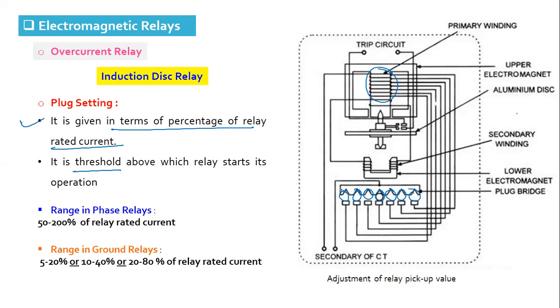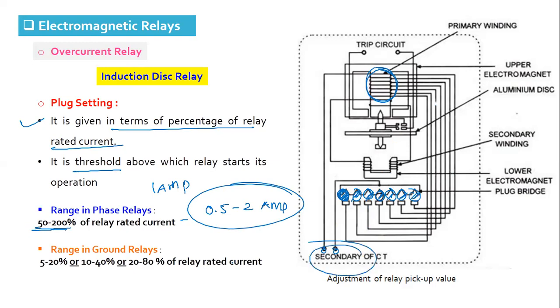So a phase relay will have a plug setting of 50 to 200% range, which for a 1 ampere rated relay means a 0.5 to 2 ampere pickup is provided. If we select the 50% tapping, all the turns of the coil will be connected in series with the CT secondary. And if we want the relay to operate at a higher current, the number of turns connected in series with the relay coil will be reduced.